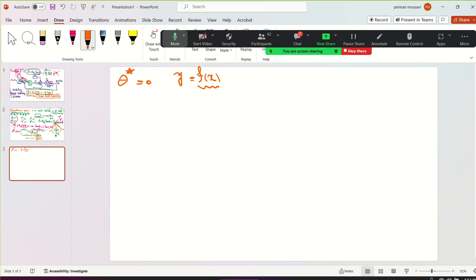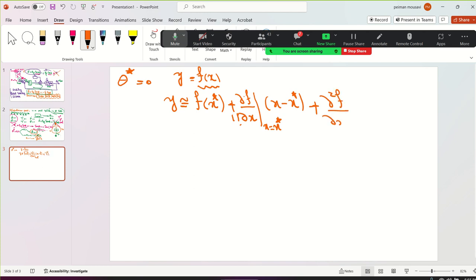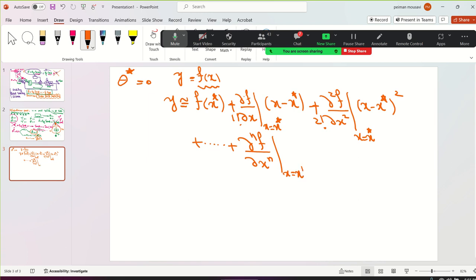A nonlinear function of parameter x you can approximate as f at the equilibrium point, plus the partial derivative of f with respect to x at the equilibrium point over 1 factorial times (x minus x equilibrium point), plus the second partial derivative with respect to x squared at the equilibrium point times (x minus x star) squared over 2 factorial, and so on, up to the nth partial derivative with respect to x at the equilibrium point times (x minus x star) to the power of n.